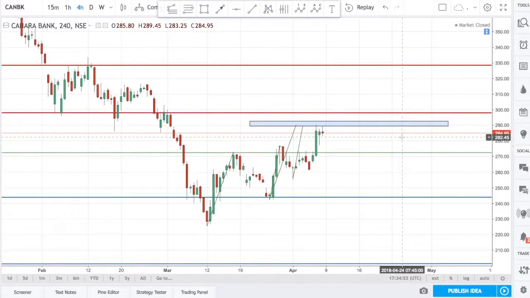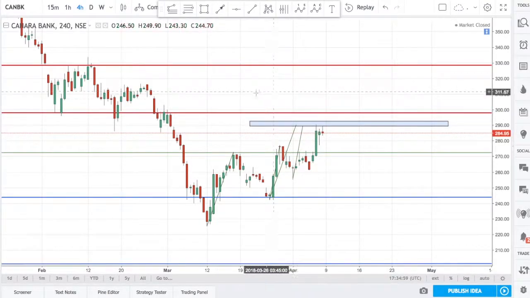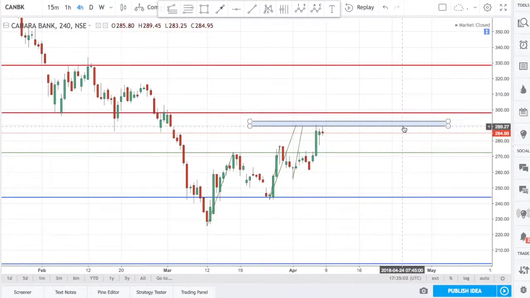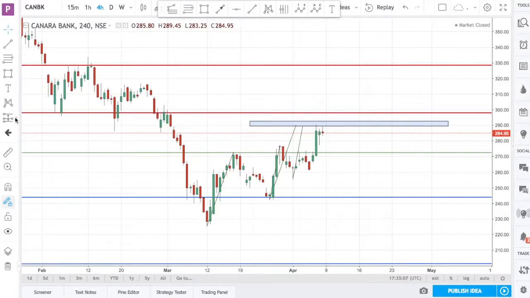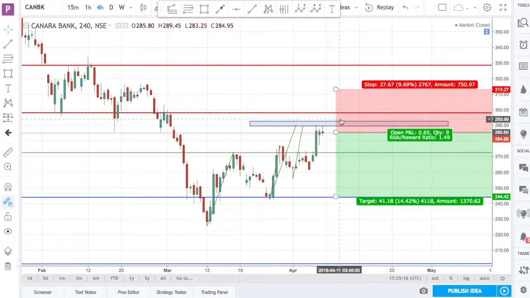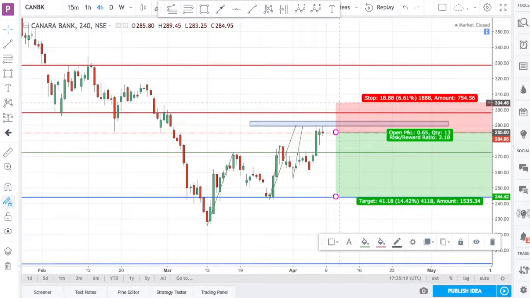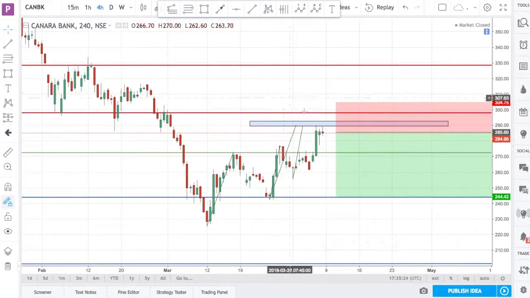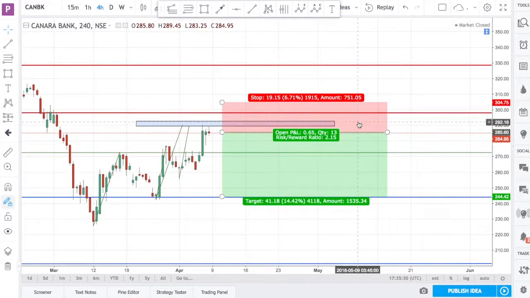We can initiate a trade when we get a lower low closing from this zone here. In such a scenario, our target would be this and our stop loss would be somewhere here, just above the immediate strong level of resistance.